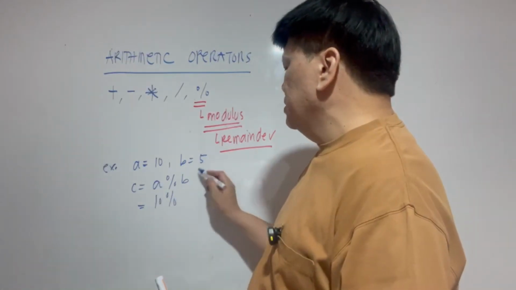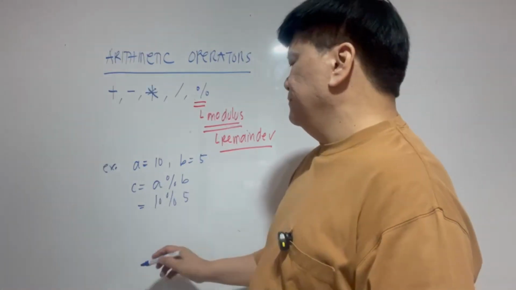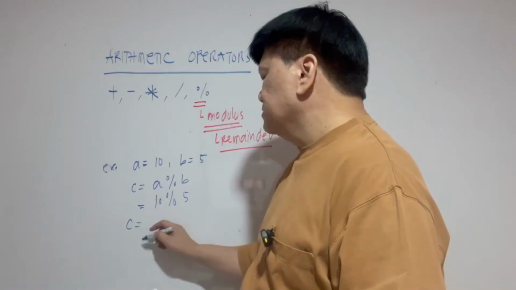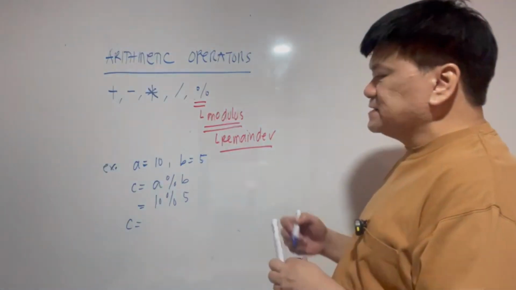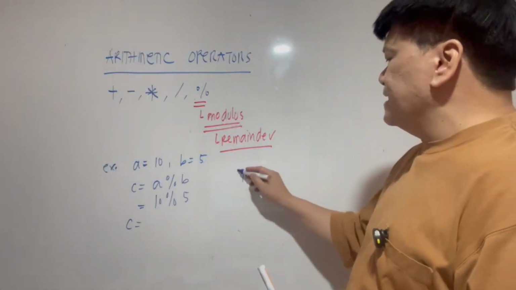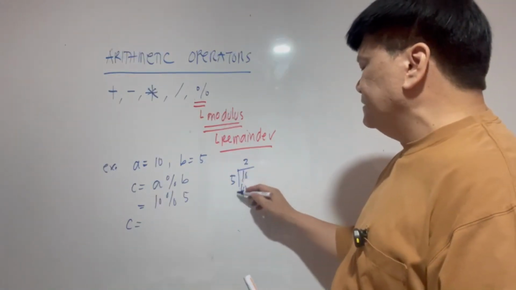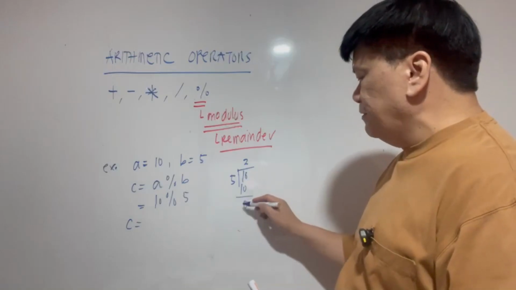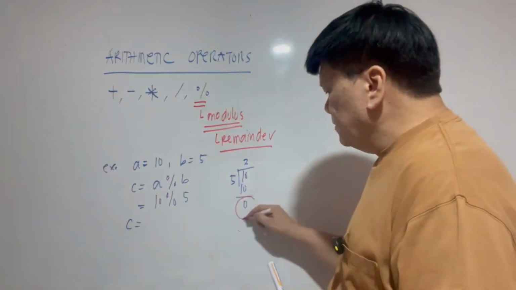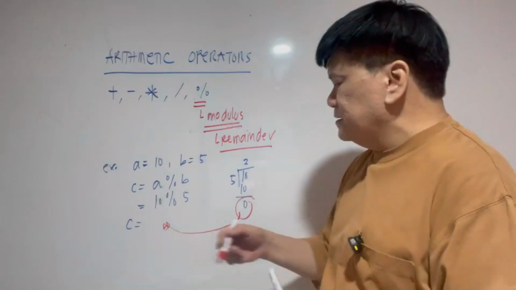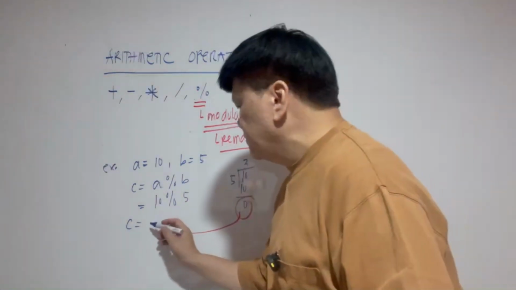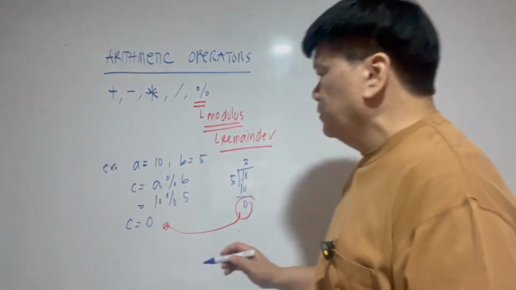Get the modulus of 5. So what is now the value of C? Let us compute. 10 divided by 5, you have 2. Then 2 times 5, 10. 10 minus 10, you have 0. So the remainder here is 0, or the value of your C is equal to 0.